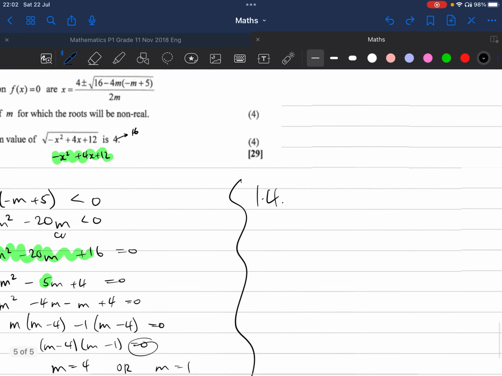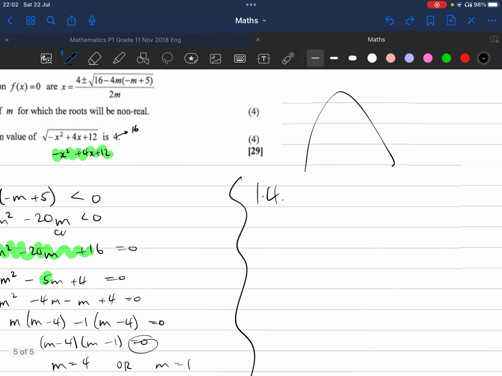So how do we find the maximum value of a downwards facing parabola? Well, it's at the turning point, right? Because remember, if you start this way and you move up, you're going to increase to a certain point. That's the height. And then from there, it keeps going down. So at the turning point is the maximum.